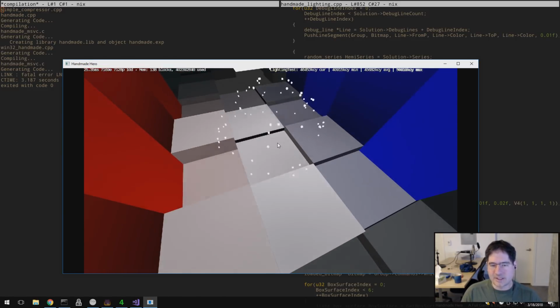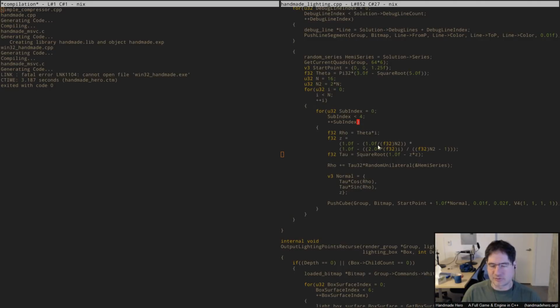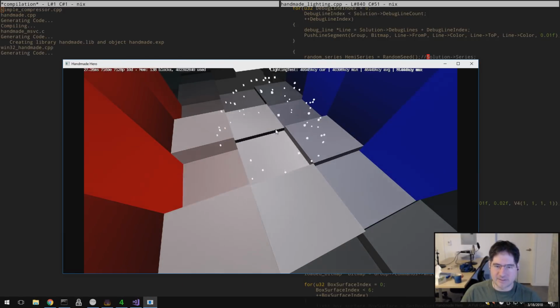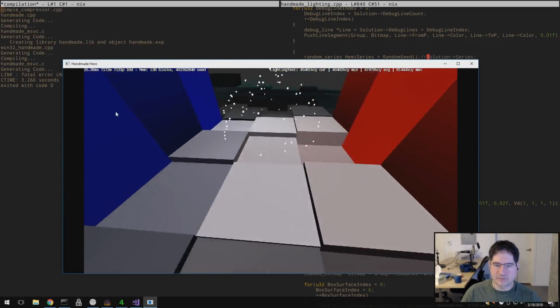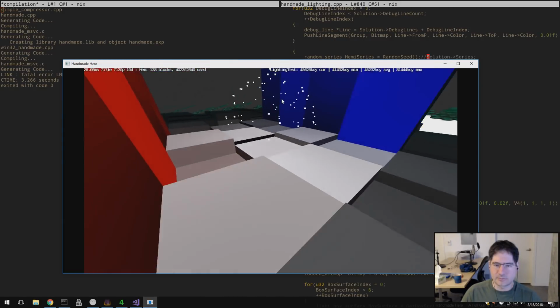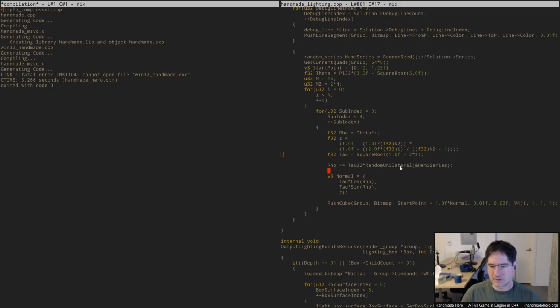The problem is, again, the coherence of those samples isn't great, right? So let's go back to pausing this thing for a second and just talk about what I mean. So here is, oh, wait a second. That's not what I wanted. No wonder it looked better than it should have looked. That's not what I wanted.